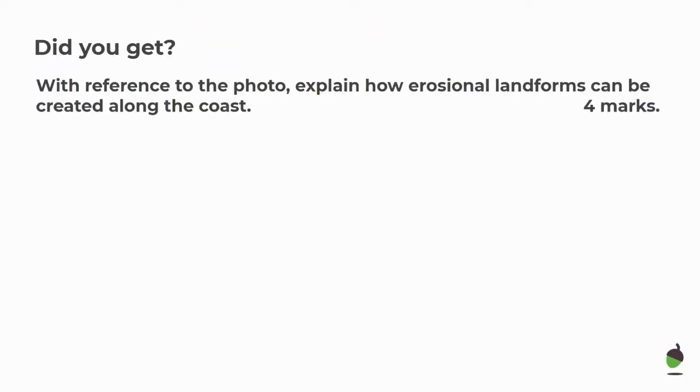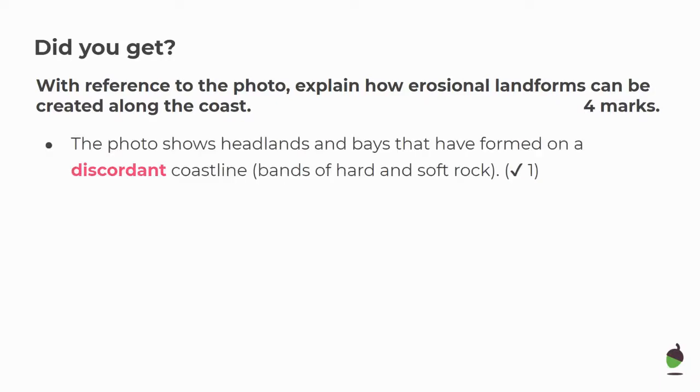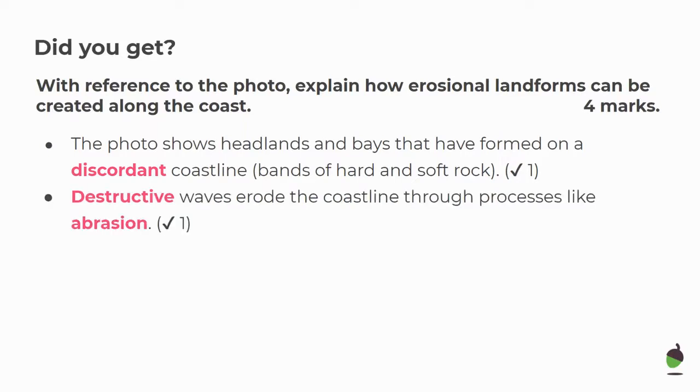Right, how did you get on? Let's have a look. So, explain how erosional landforms can be created along the coast. The photo shows headlands and bays have formed on a discordant coastline, which is bands of hard and soft rock. Can you please highlight or tick the word discordant? Destructive waves erode the coastline through processes like abrasion.